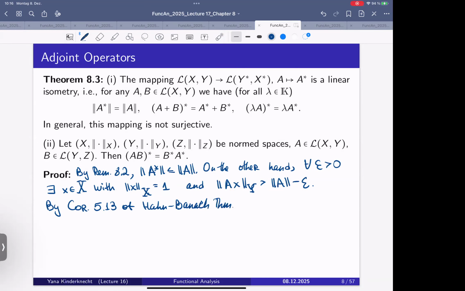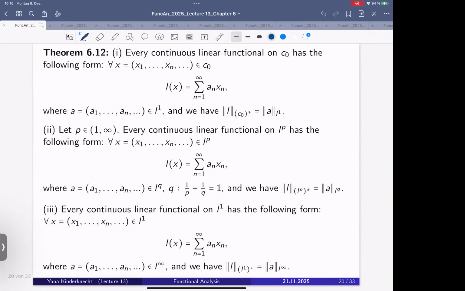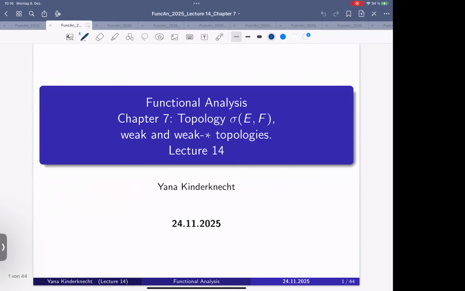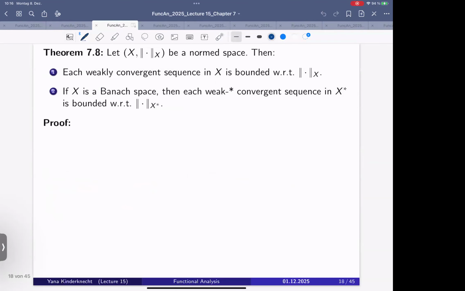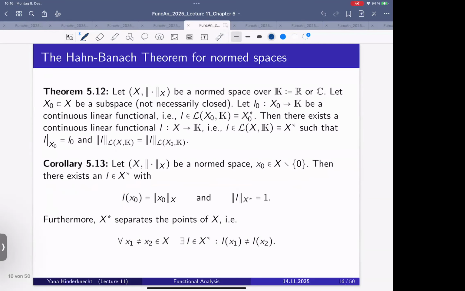Theorem. So what kind of corollary is it? I guess I have it. It is lecture 11. Let me check. No, it is lecture 13, 14, 15, 12, 11. Yeah.